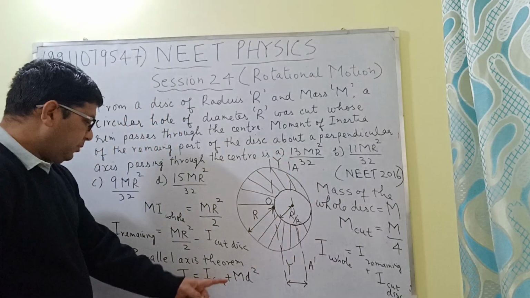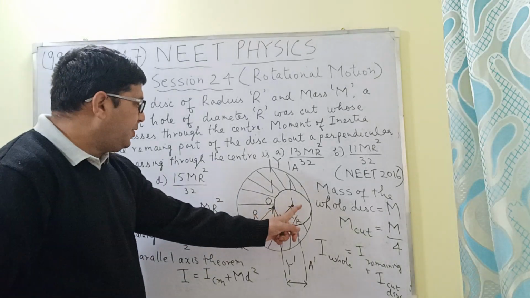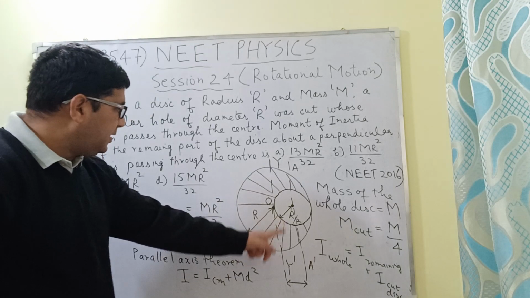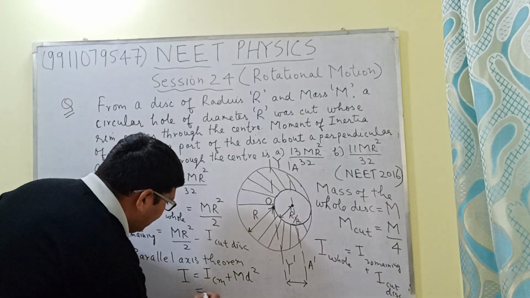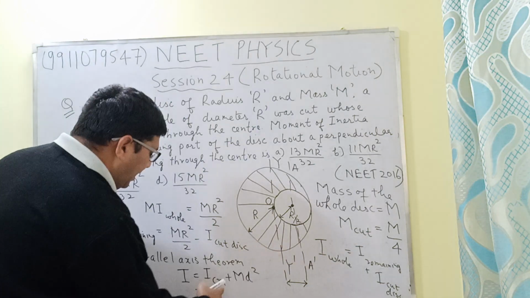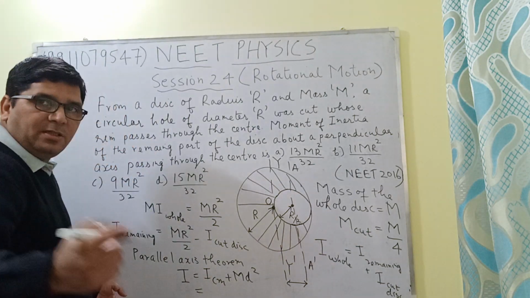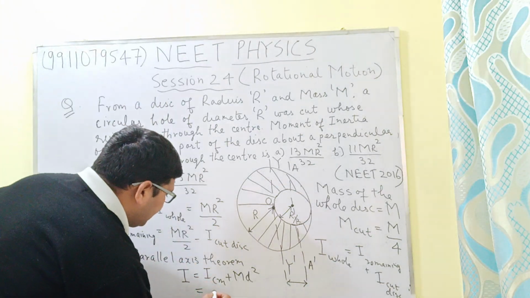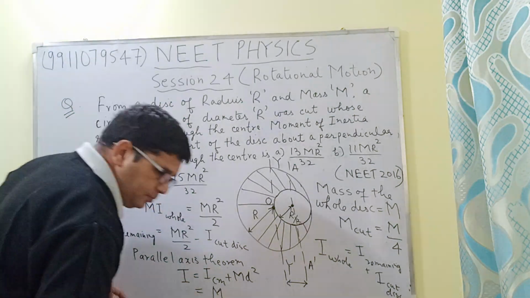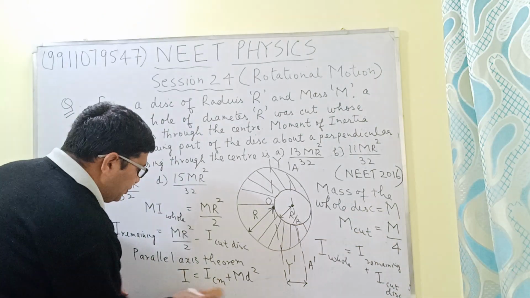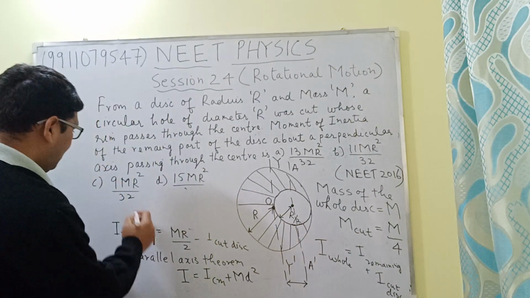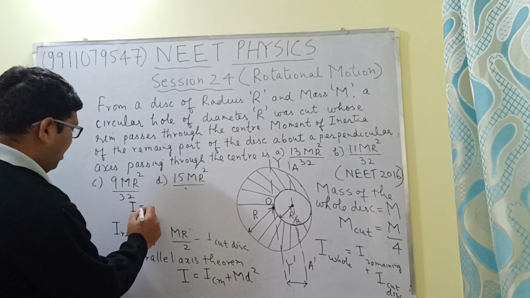So in this case, the moment of inertia of this disk will be equal to the moment of inertia about an axis passing through the center of mass, which is ICM.